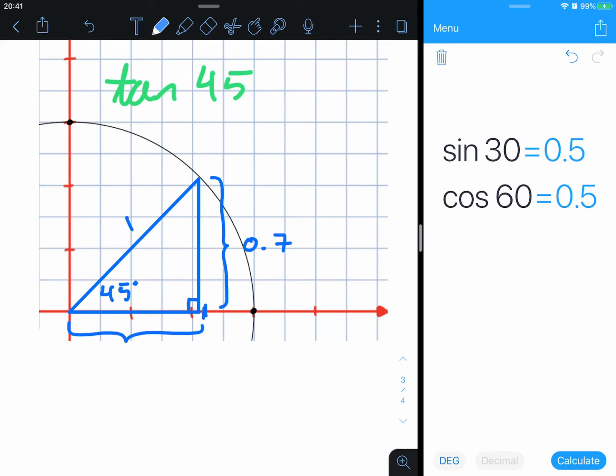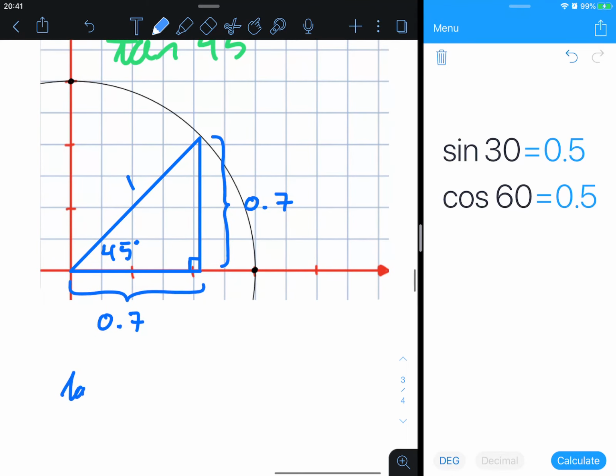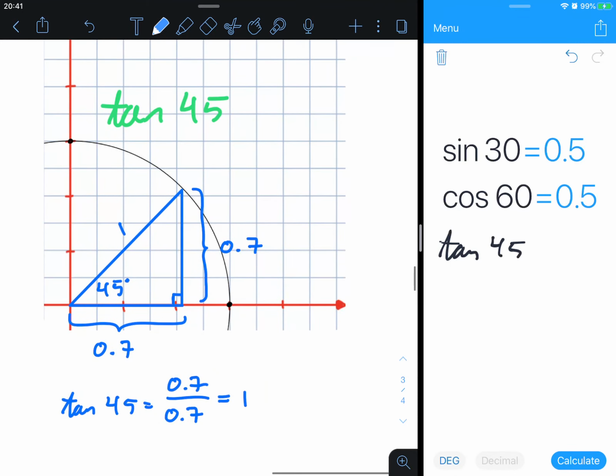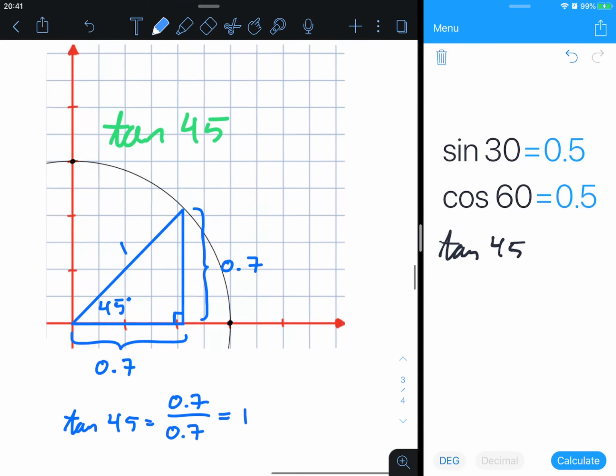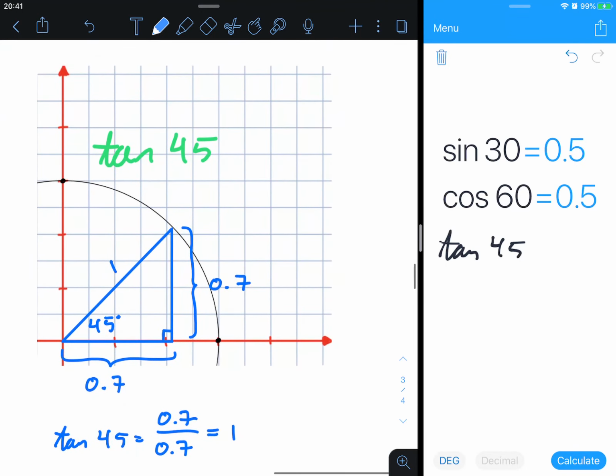Yeah, I'd say it looks about 0.7 as well. So tan of 45 is the opposite, 0.7 divided by 0.7, which is 1. If we do tan 45 in the calculator, now remember the calculator does this very quickly. What we just did, it's 1.